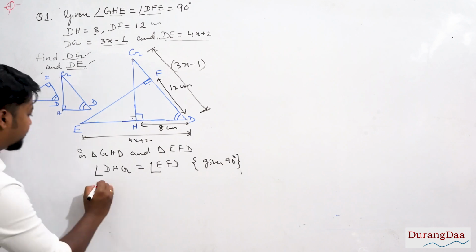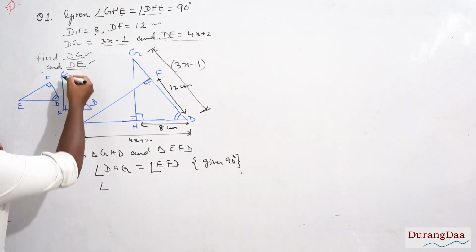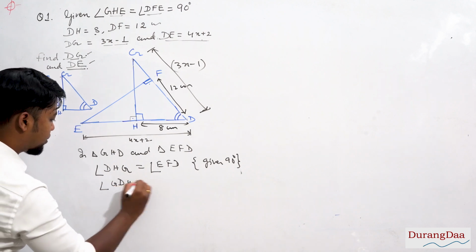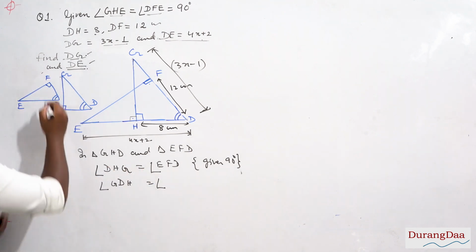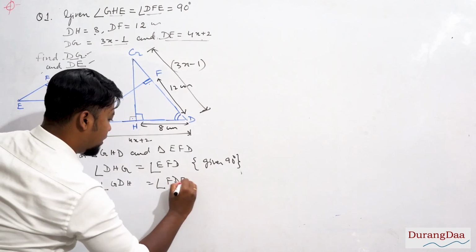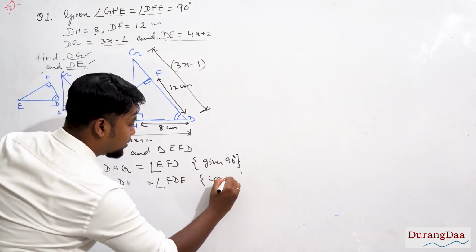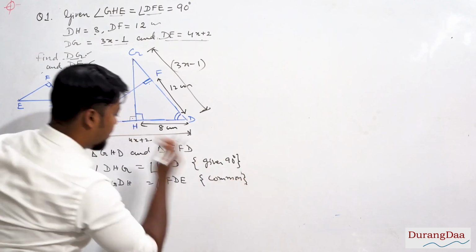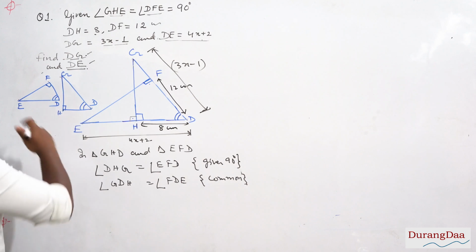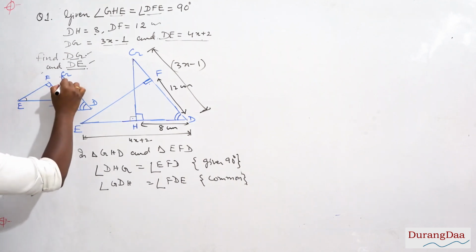Okay. Second one, angle GDH equals angle FDE. The reason would be it is common to both the triangles. All right. Now if two angles are equal, the third angle automatically will become equal.